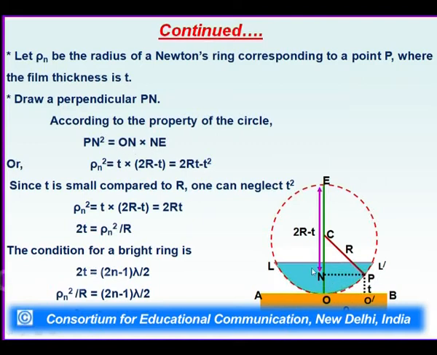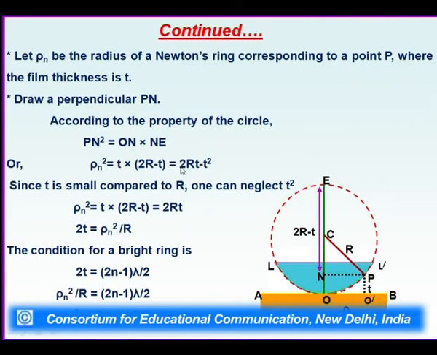Now PN square is equal to rho n square, and ON and this length are equal, so we can put t here: ON is equal to t. And NE, which we already calculated, is equal to 2R minus t.